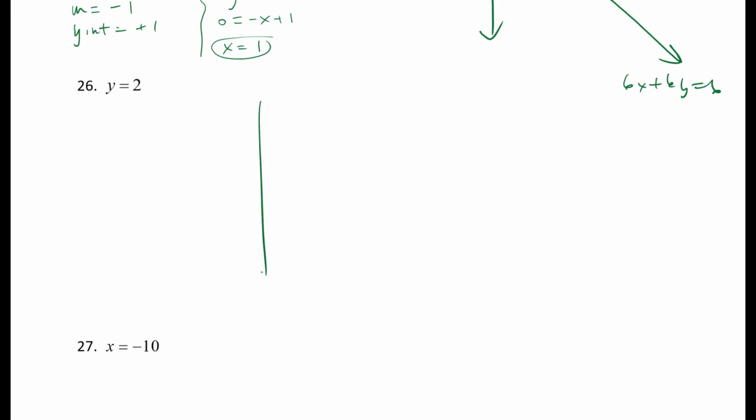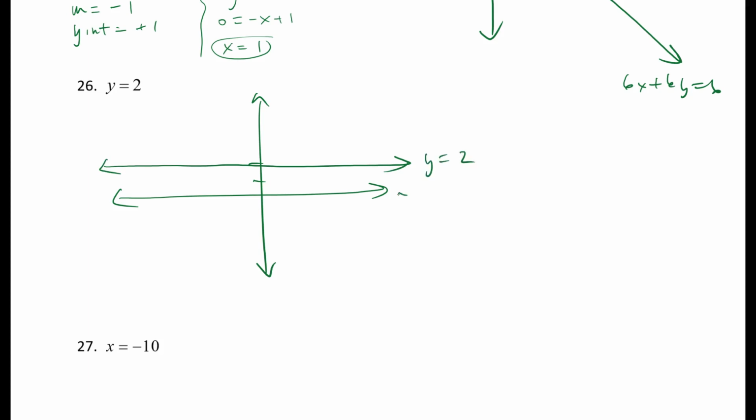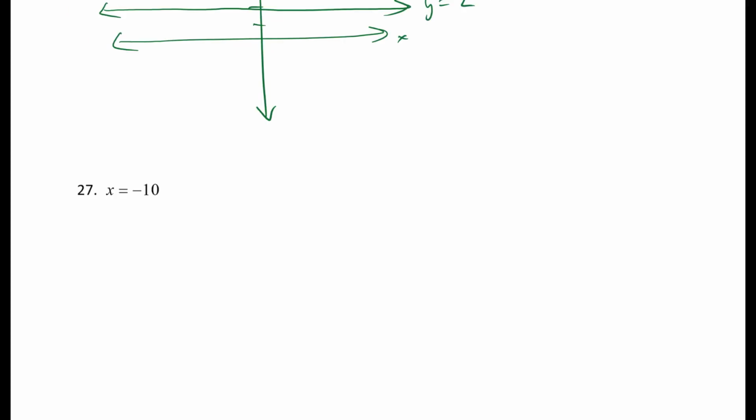26, that's just y equals 2. Well, if we don't care what x is, and y always equals 2, we know that's going to be a horizontal line at y equals 2. Those are all the points where y is always 2, and x can be anything. And then similarly, on 27, we have x equals negative 10.